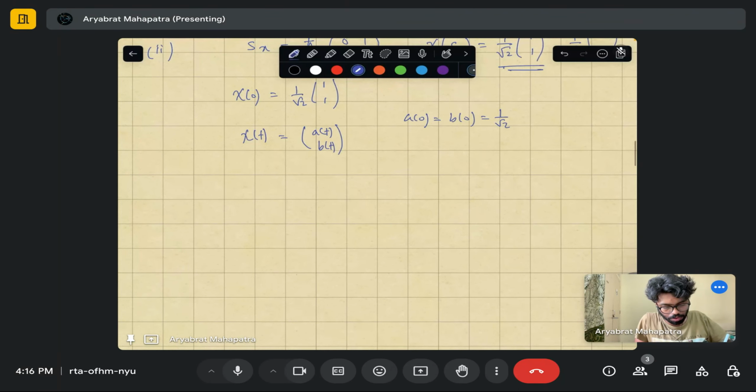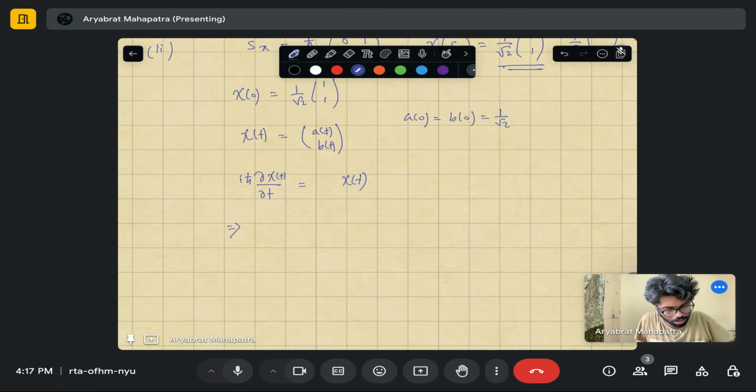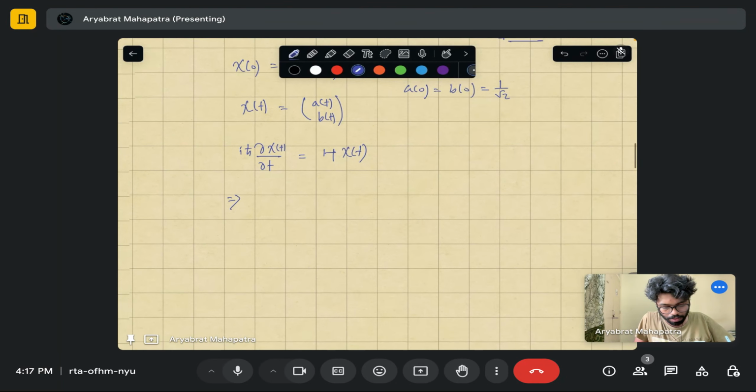So from the Schrodinger equation, I know that del chi of t by del t equals i h bar times H chi of t, where this is the Hamiltonian.